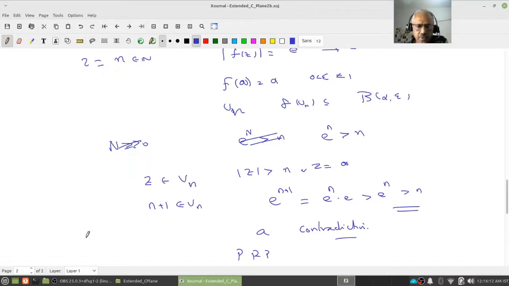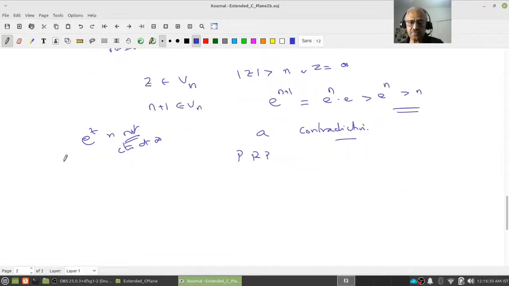So e power z is not continuous at infinity. When I say it's not continuous at infinity, remember e power infinity is not defined. What we are saying is we cannot extend e power z or a polynomial as a continuous function to all of C infinity.